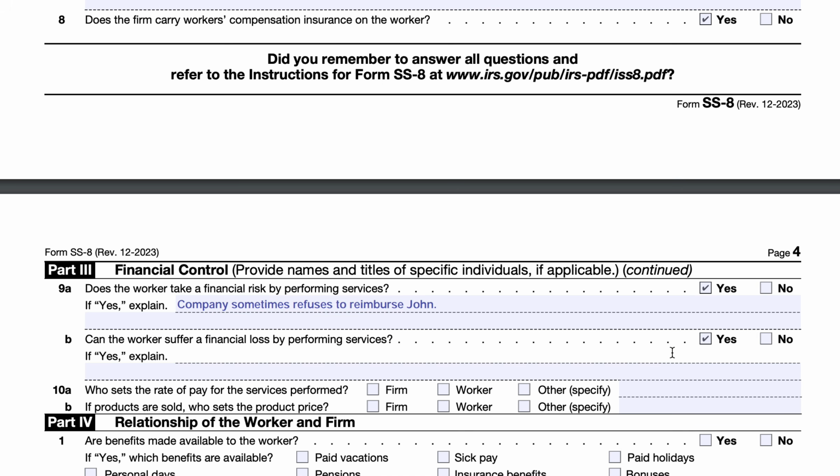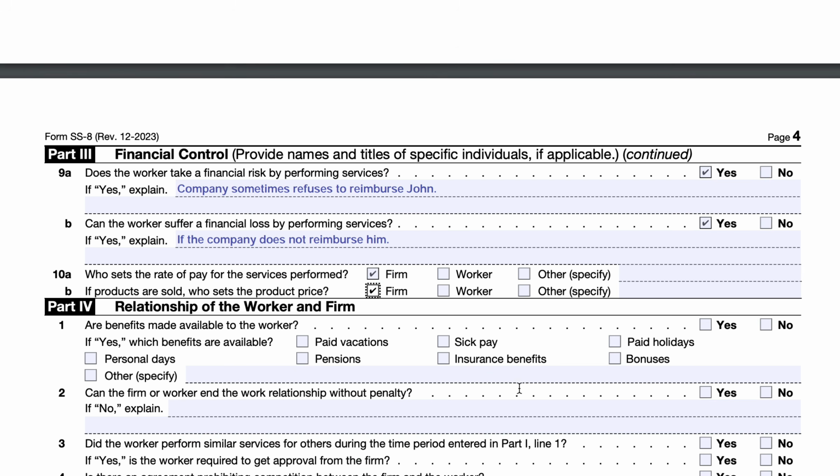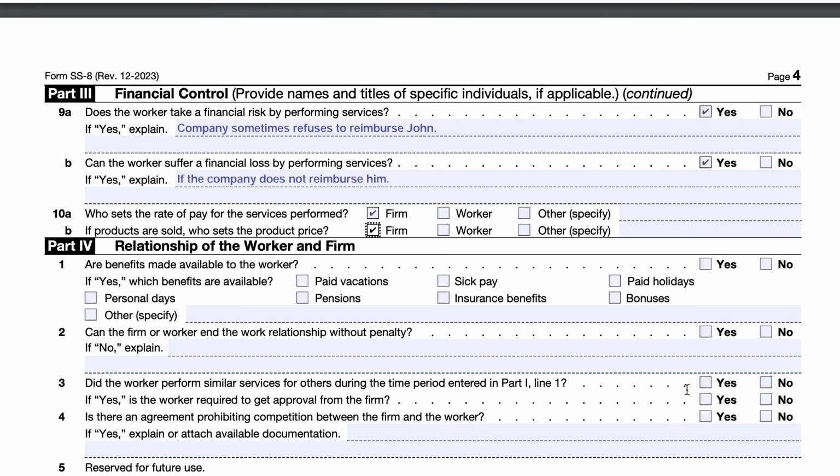Sure, if the company does not. Who sets the rate of pay? Let's just say that the company does that. Are benefits made available to the worker? Let's just say that he gets personal days, maybe he gets some insurance benefits. Kind of sounding a little bit more like he might be classified as a worker.